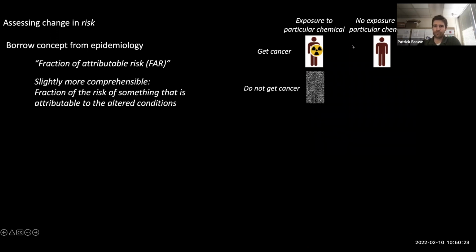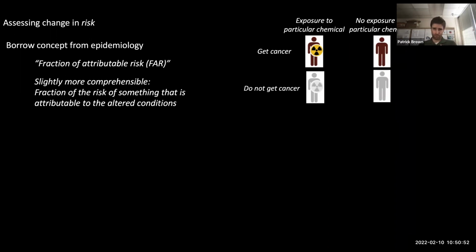And then there's going to be a group that doesn't get cancer. So the non-cancer group are people that are gray. So here's the four possibilities. Cancer is maroon people, no cancer is gray people, exposure to the chemical is this hazard circle, no exposure to the chemical is no hazard circle.